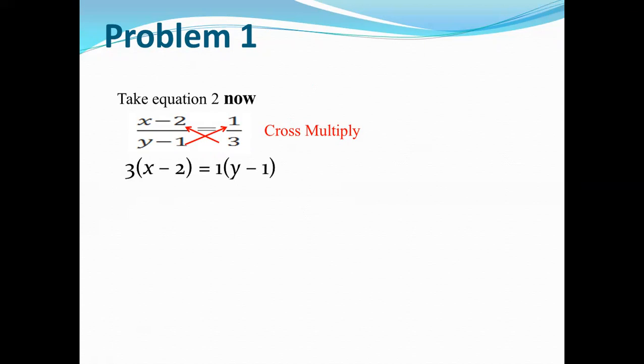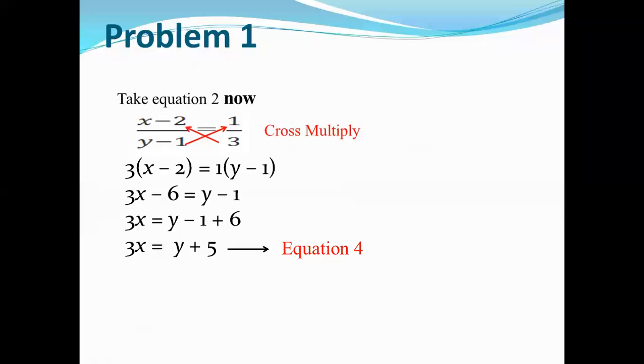After multiplication, when we open the brackets, we will have 3x-6 = y-1. When we simplify it further, 3x = y-1+6, which gives 3x = y+5. This is called the fourth equation.